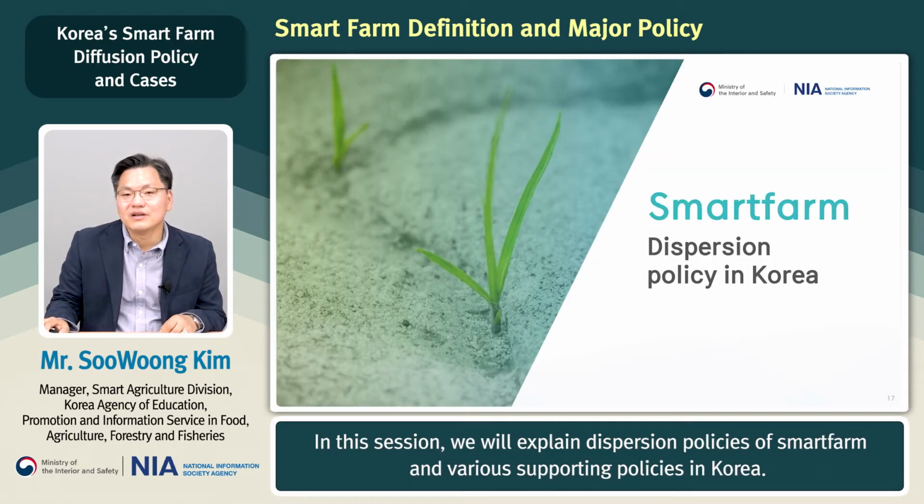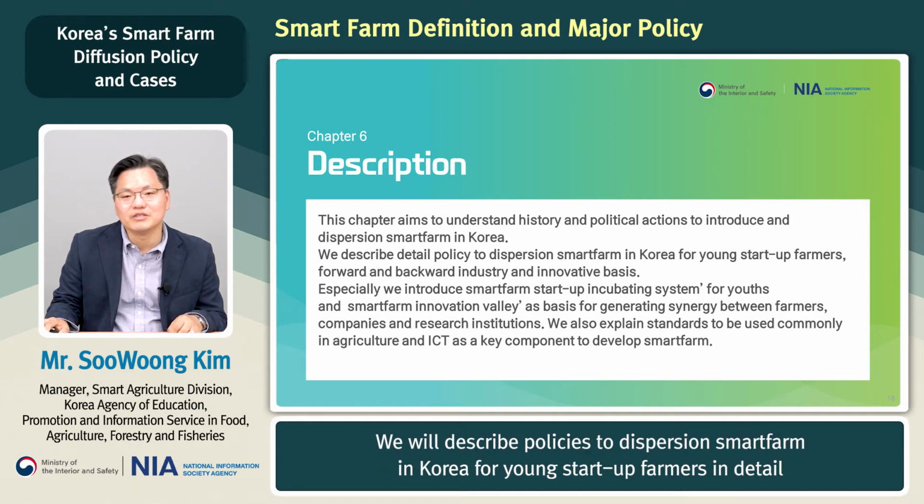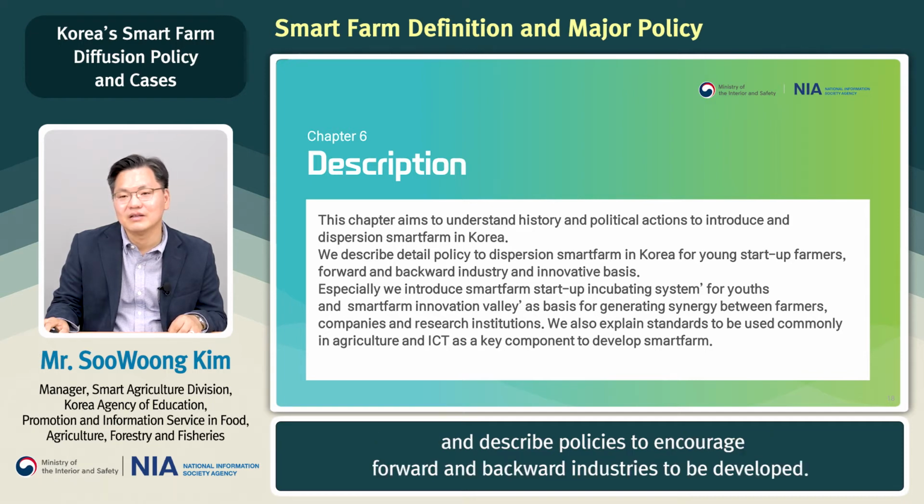In this session, we will explain the dispersion policy of smart farm and various supporting policies in Korea. In this chapter, we will explain historical and political actions to introduce and disperse smart farm in Korea. We will describe policies to disperse smart farm in Korea for young startup farmers and policies to encourage forward and backward industries to be developed.